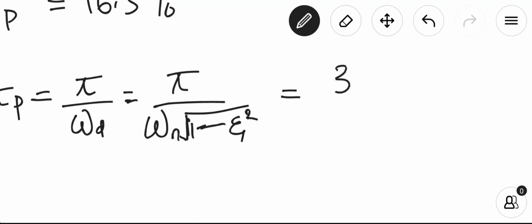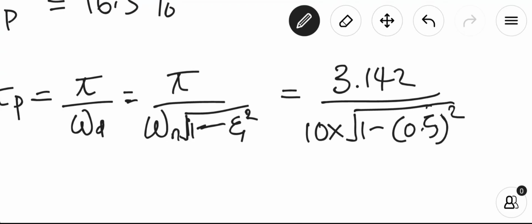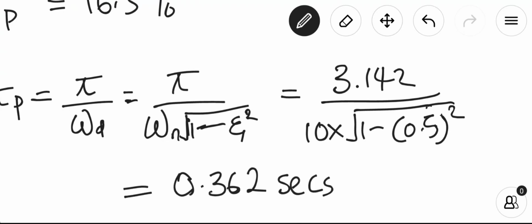Substituting values, this is 3.142 over 10 times square root of 1 minus 0.5 squared. This will give you 0.362 seconds.